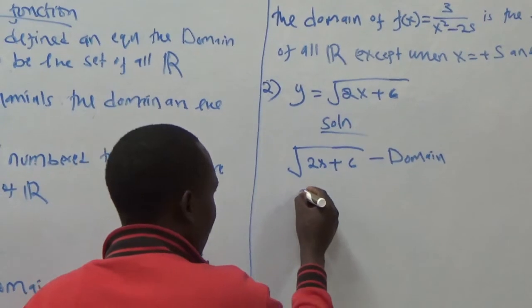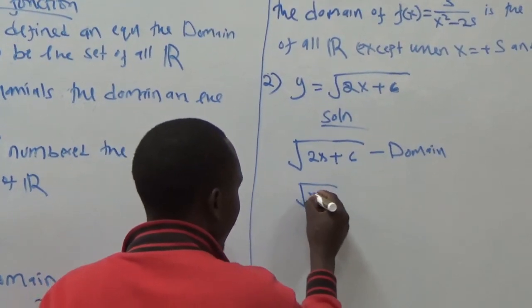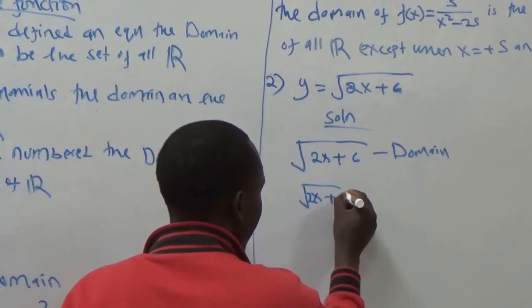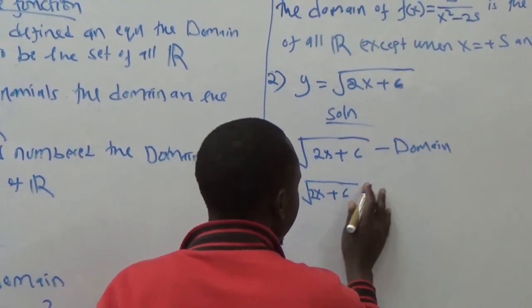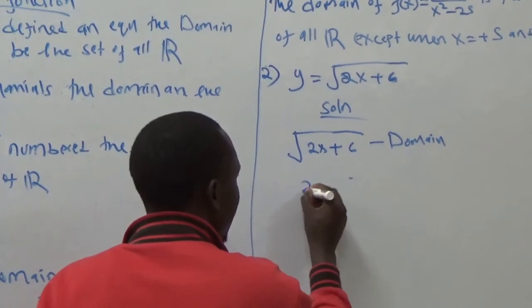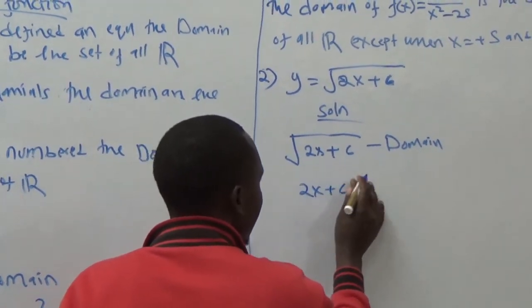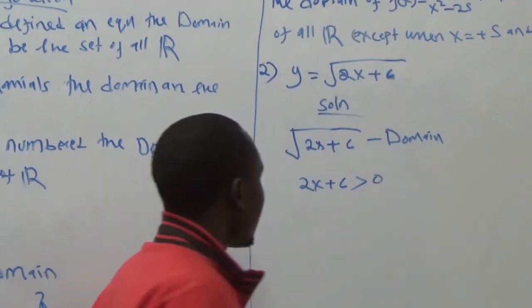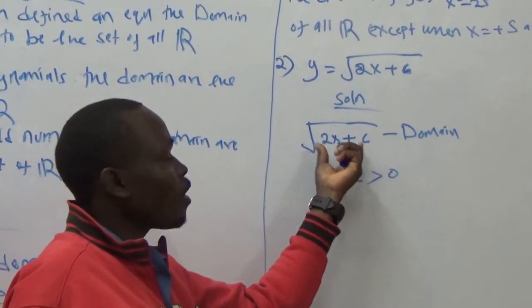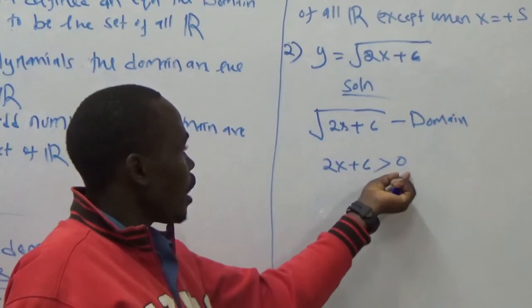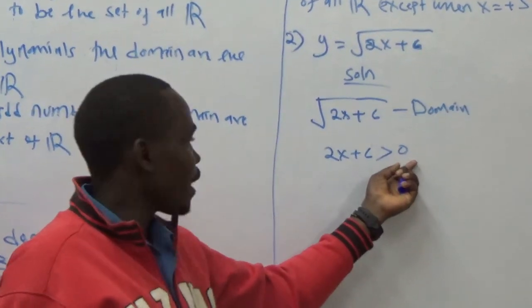Remember, 2x plus 6 must be greater than 0, since we don't have the root of 0. Therefore, it must be greater than 0.